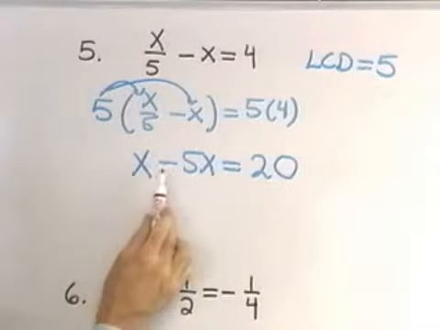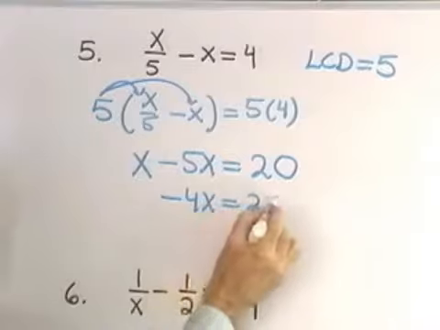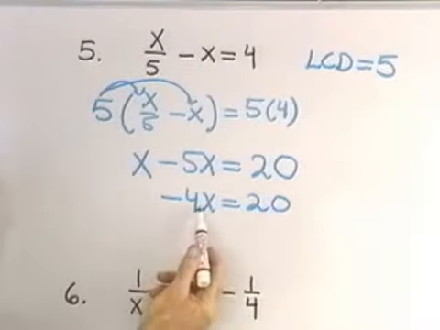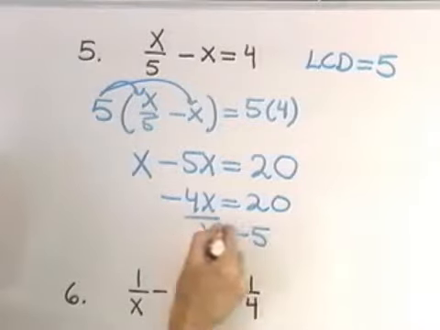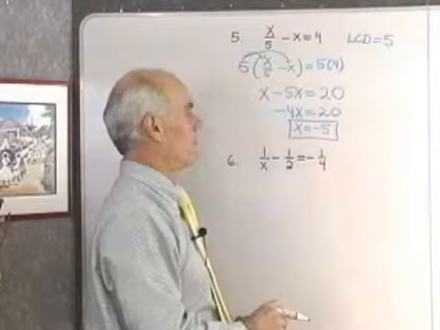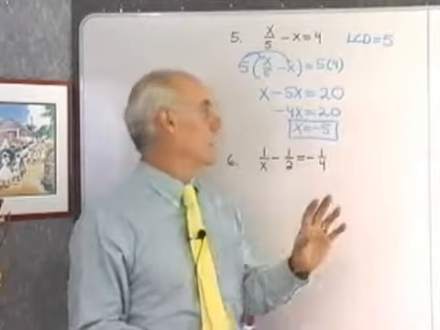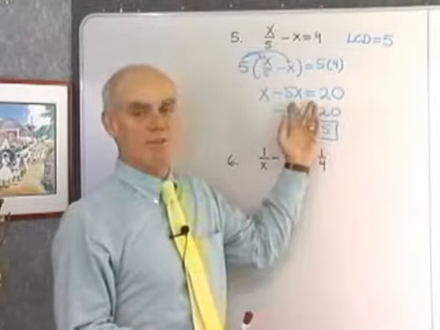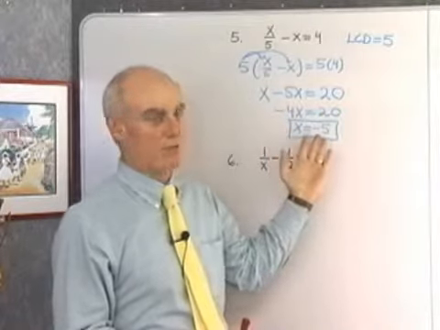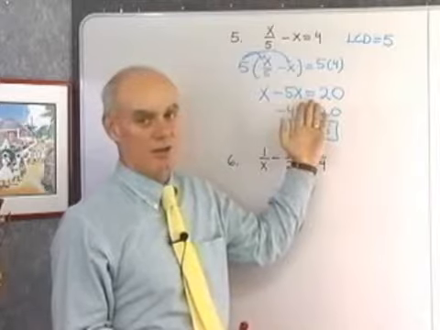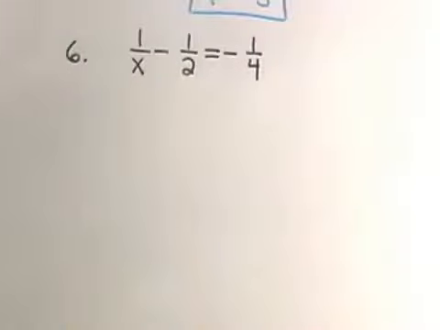So you can see 1x subtract 5x is negative 4x equal 20, and then negative 4 times what is 20? X turns out to be negative 5. So this method of finding the least common denominator first and multiplying both sides by it gives us an equation that's free of fractions, and that usually is a little easier to solve. I didn't show all the steps here in the solution process, but you can see that this is not a difficult equation to solve. Let's try one more of those least common denominator problems.